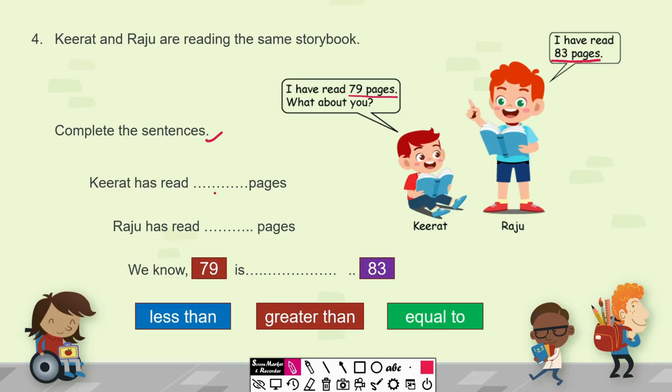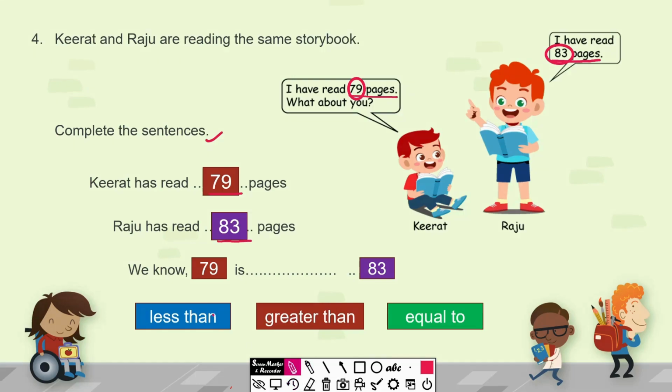Kirat has read how many pages? We saw it here. 79. Right. So the correct answer is 79 pages. Okay. Raju has read how many pages? This 83 pages. Right. So the correct answer here is number 83. Right.